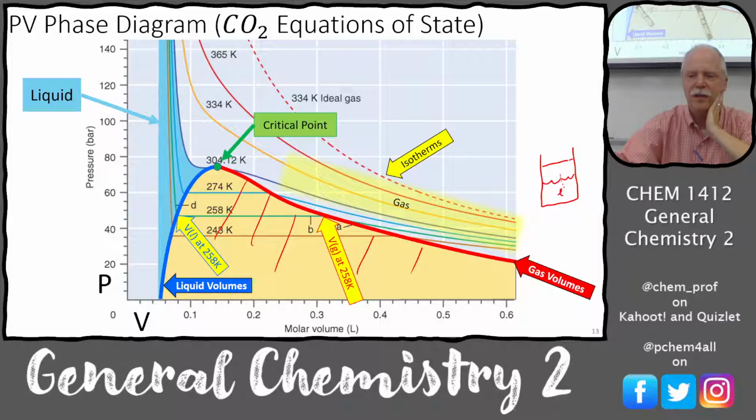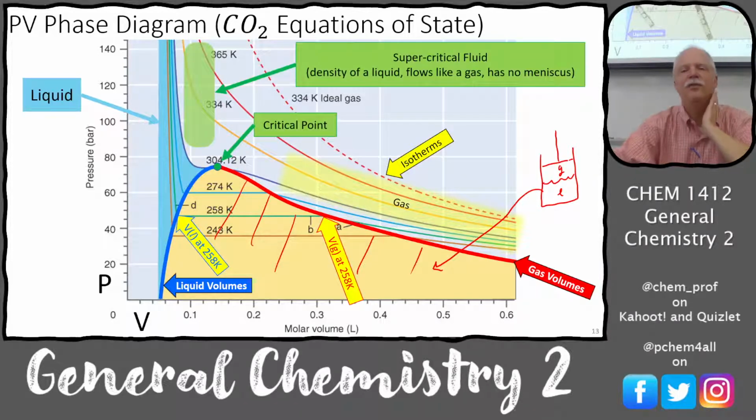Because I've got a liquid and I've got a gas, okay? This container represents everything down in this region. But if I'm up here in the green region, I'm in the supercritical fluid region.